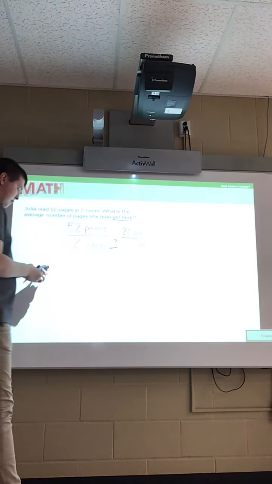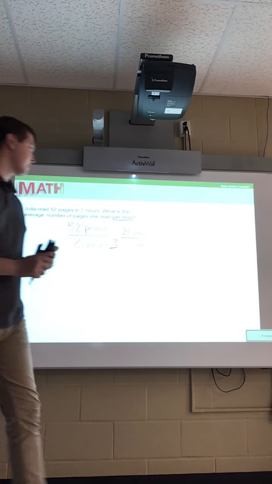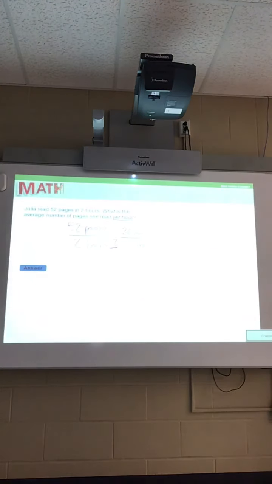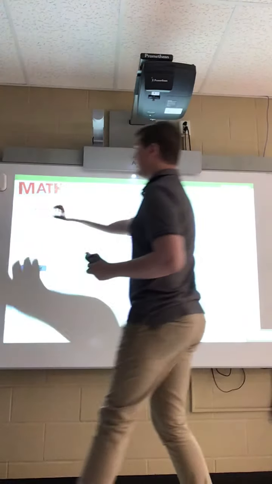So Julia reads 52 pages in 2 hours, but if we're finding the unit rate, she does 26 pages in 1 hour.